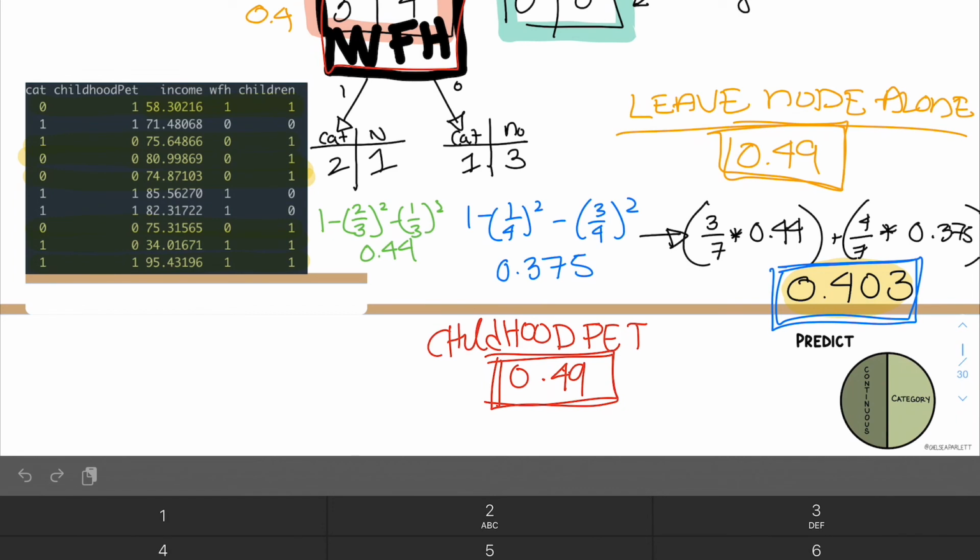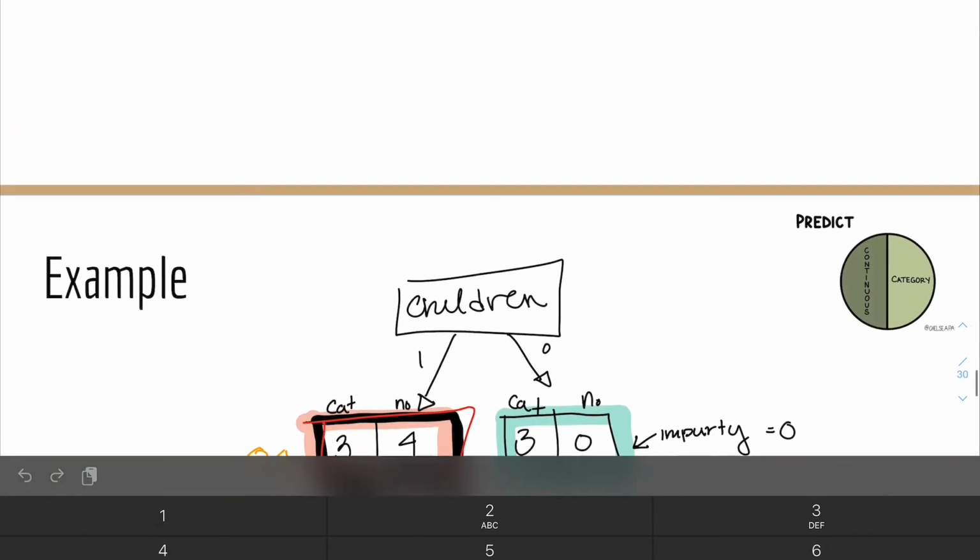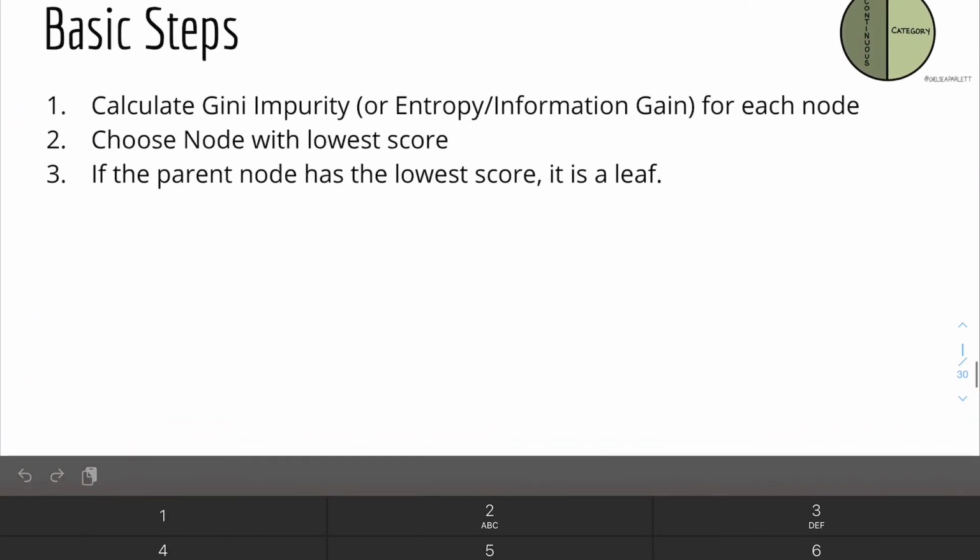So if you scroll back up here, you can see that the basic steps are for each level of your tree that you're creating, we're going to calculate the Gini impurity, or if we end up using the entropy/information gain, for each of the splits or the nodes that we make. We're going to choose the option that gives us the lowest impurity score.